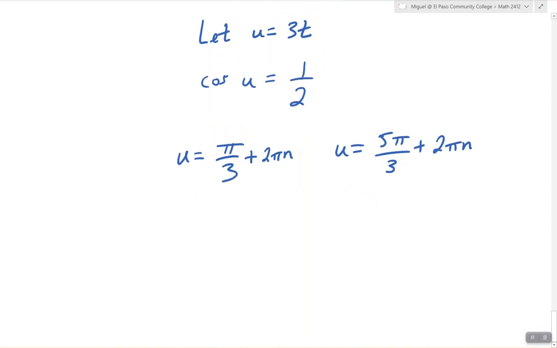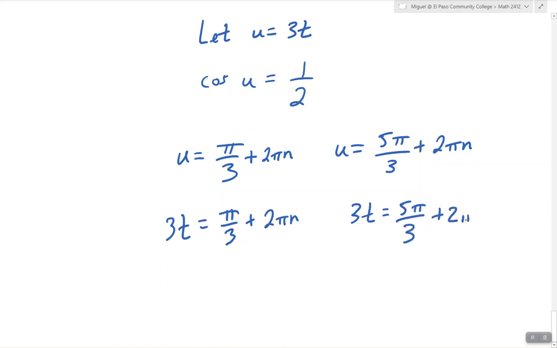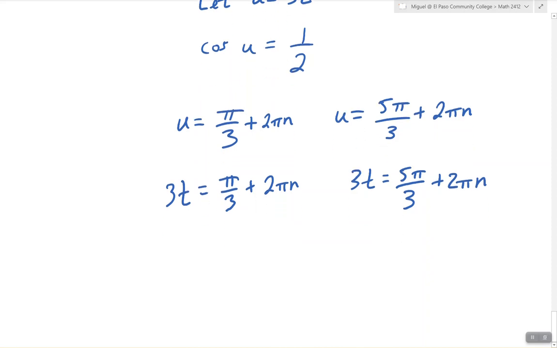Yes, that's correct. And then because we don't actually want u, we're actually looking for t. So now we can plug back the u that we said was equal to 3t. So now I can make this 3t, and this 3t, and solve for t.